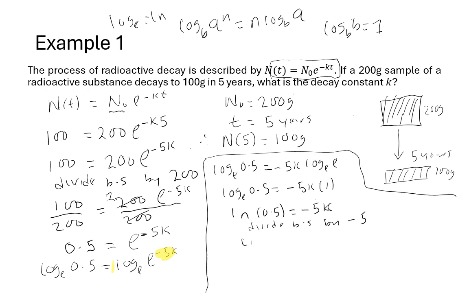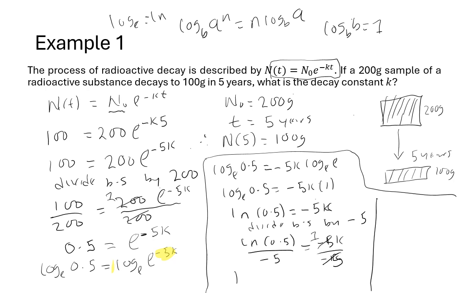So I'll have here ln 0.5 divided by minus 5, and here minus 5k divided by minus 5. Minus 5 divided by minus 5 is 1, so I'll have just k. I'll just have ln 0.5 divided by minus 5.